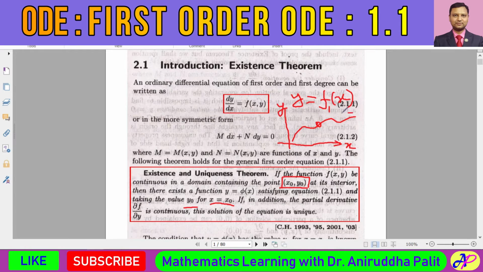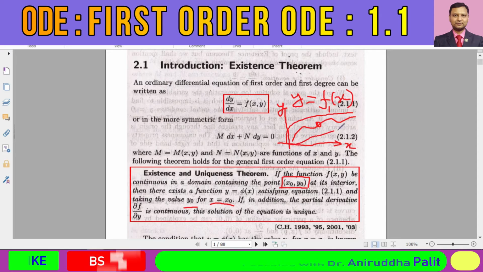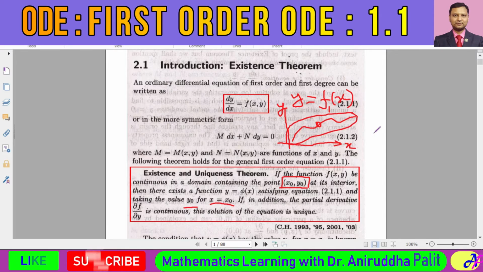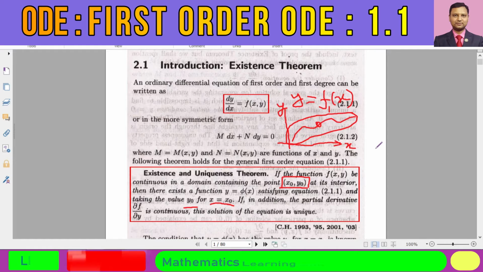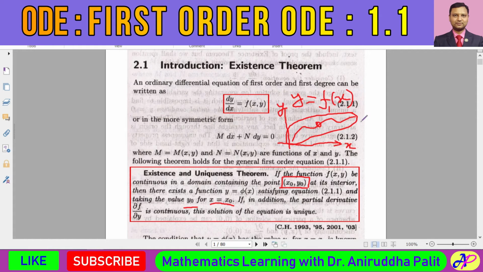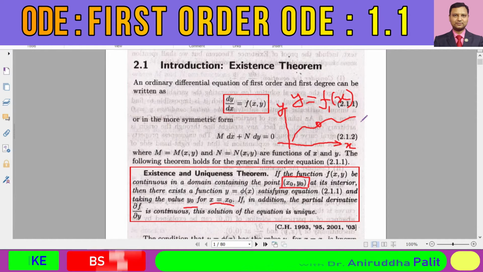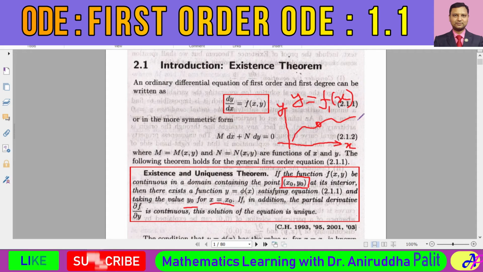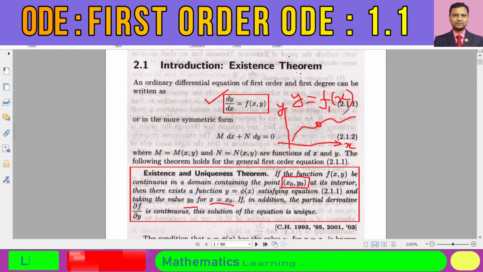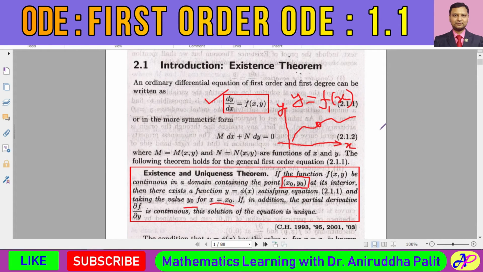in a certain region. Mathematically, we call it a neighborhood, but practically we can say in a certain region containing this point x0, y0. Then within this region or neighborhood we have a unique solution of this kind of differential equation.